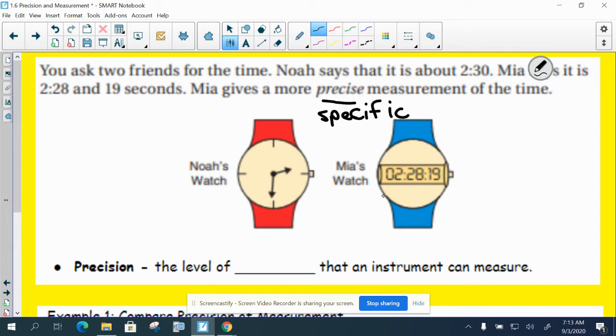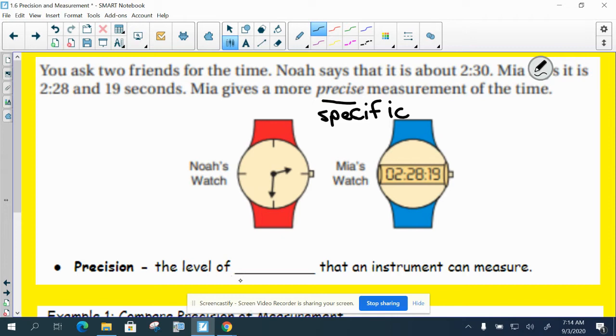Obviously we would say that Mia's watch is a lot more specific because it tells you up to the seconds, where Noah's watch says it's about 2:30. But you're not exactly sure what the seconds are, or even what the minutes are. It doesn't even really tell you the minutes here. It just tells you every 15 minutes.